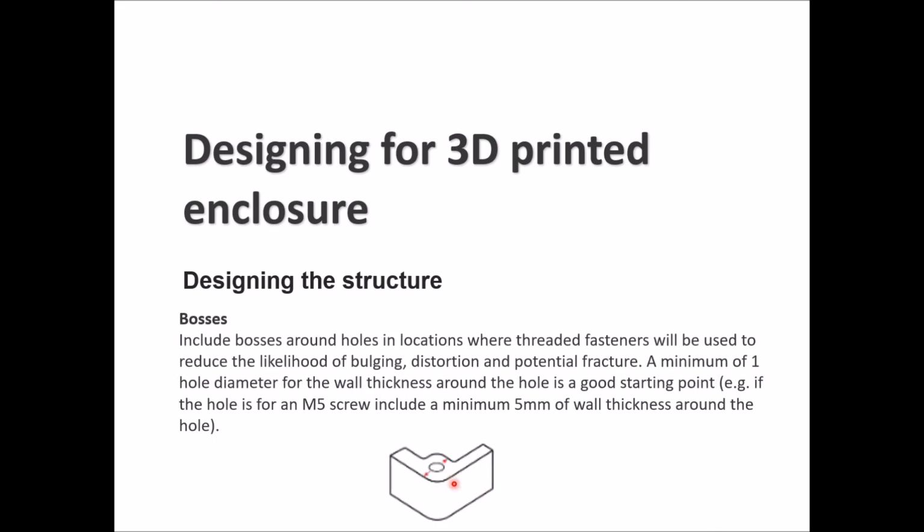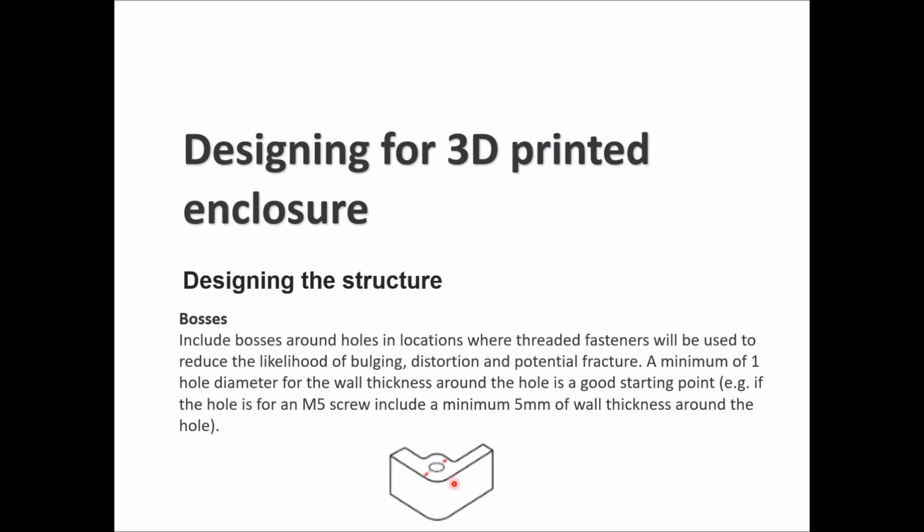For bosses, you have a hole that needs to be supported all around. You need to include bosses or supports for the hole in locations where threaded fasteners will be used, so that you reduce any chance of bulging, distortion, or potential fracture while applying your fastener.